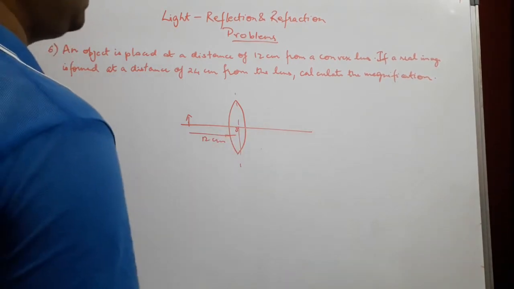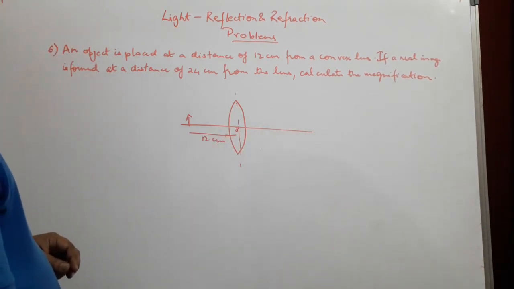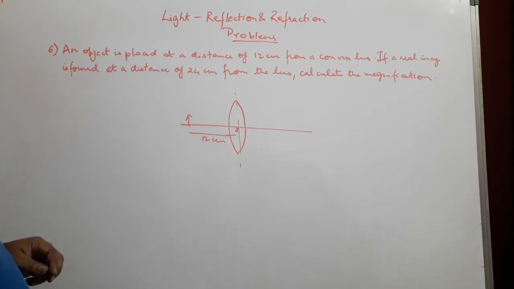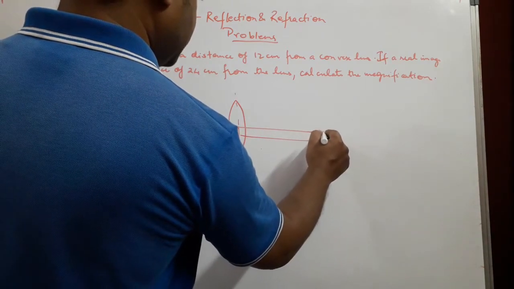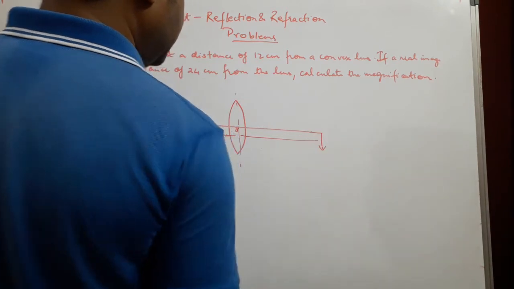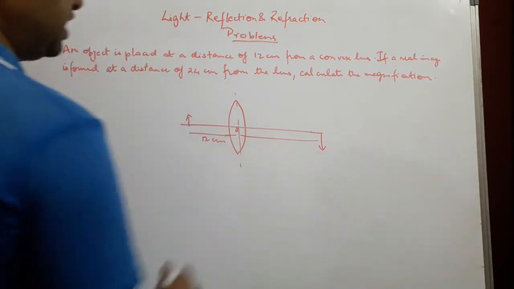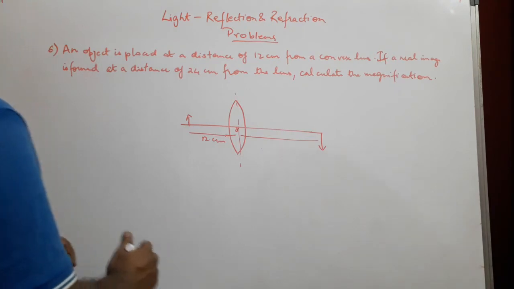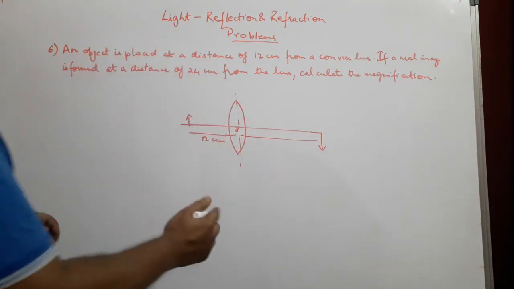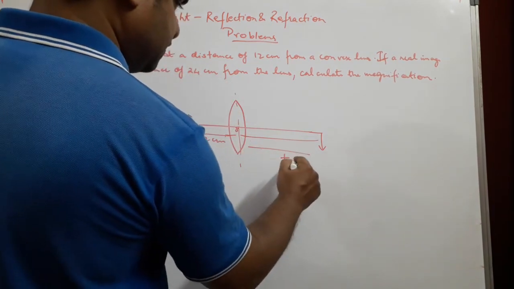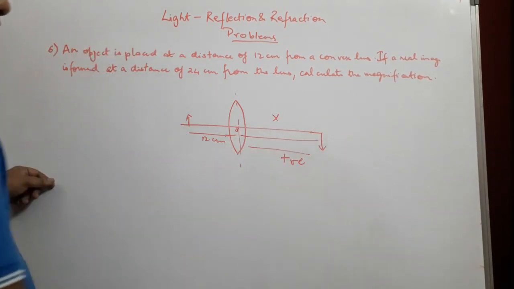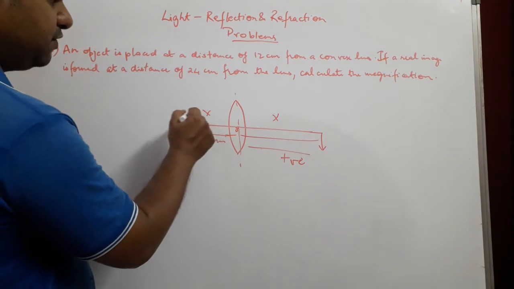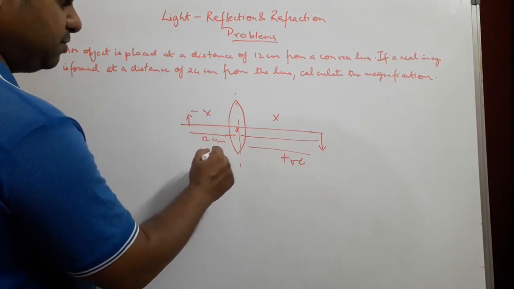Now, if a real image is formed at a distance of 24 centimeters from the lens, the distance will be somewhere over here, and it would be a real and inverted image, which means it is falling on the right hand side. Since we are talking about distances, this distance will be positive because it is on the right hand side of the x-axis, whereas this distance will be on the negative side and this will be negative.